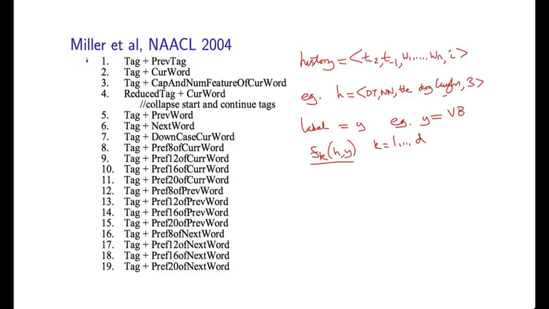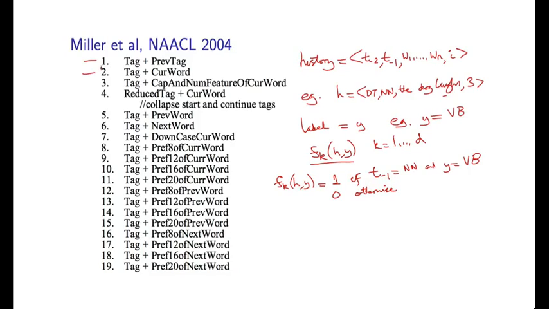So they use features like the tag and the previous tag. So this would be a fairly standard feature, something like the following: fk(h, y) equals 1 if t minus 1 equals NN and y equals VB. And so you would have many features of this form. This would be 0 otherwise, looking at all possible pairs of tags.